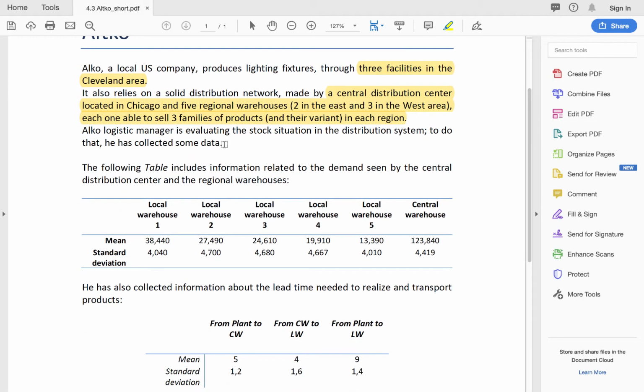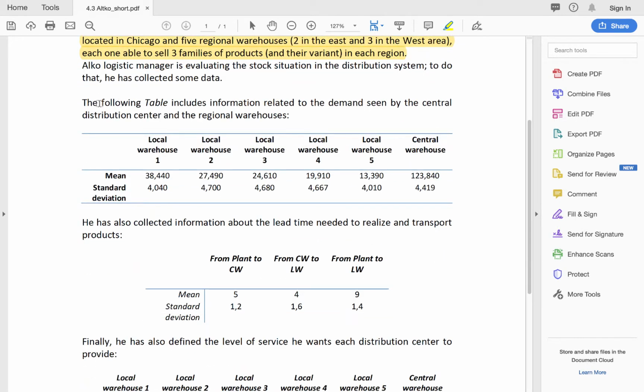Altko's logistics manager is evaluating the stock situation in the distribution system. To do that, he has collected some data, which summarizes the information related to the demand that each warehouse sees. This is the demand seen by local warehouse 1, mean and standard deviation. This is the demand seen by local warehouses 2, 3, 4, 5, and this is the demand seen by the central warehouse, which is the aggregation of the demand seen by the local warehouses.